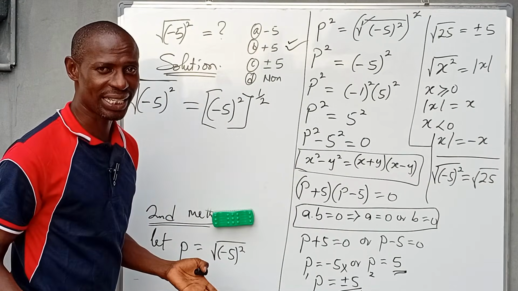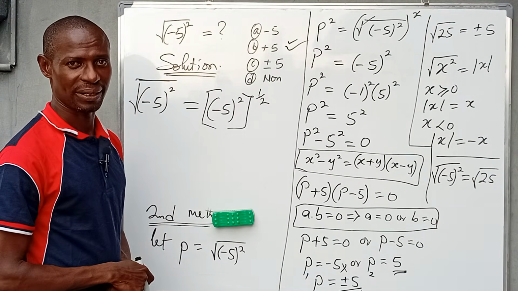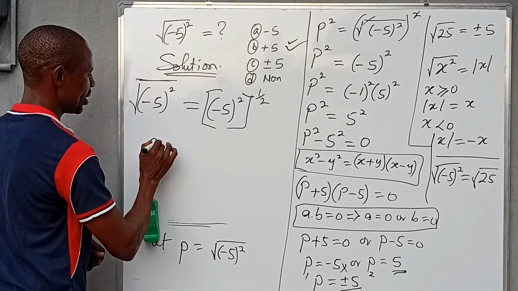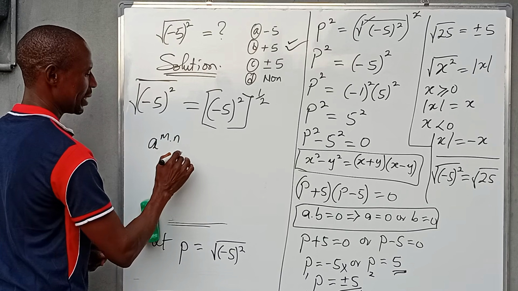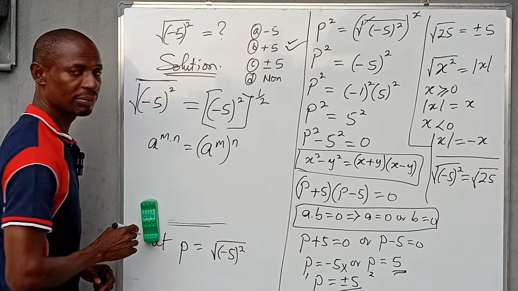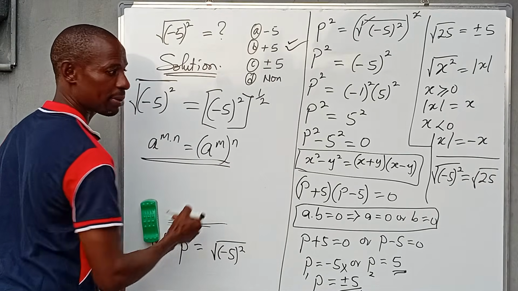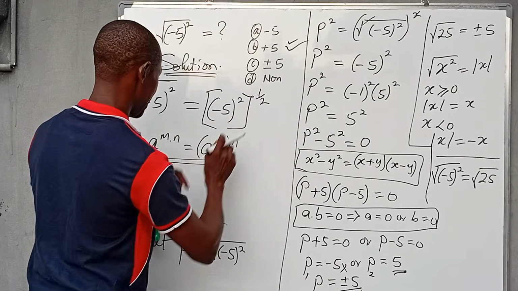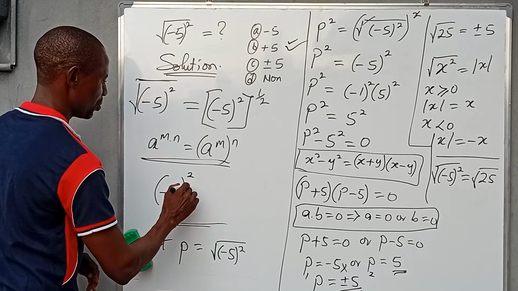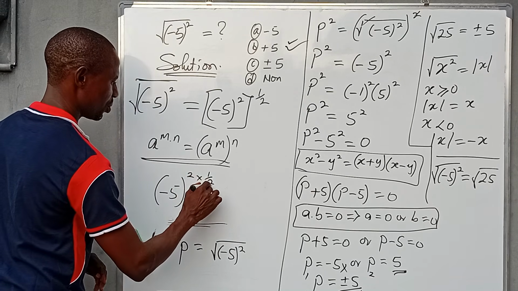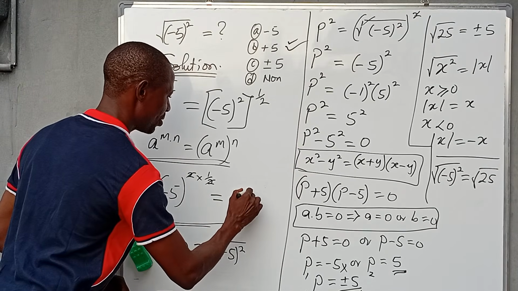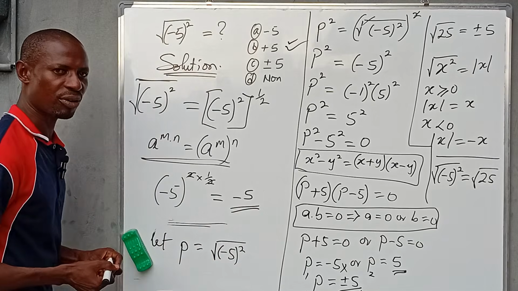According to the law of indices, if you have a to the power of m times n, this is the same thing as a to the power of m, in brackets, raised to n. We all know this law in indices, right? So I can rewrite this again to give us minus 5 all raised to the power of 2 times 1 over 2, which we cancel out here. And so we're going to have this to be equal to minus 5. This is another contradiction.